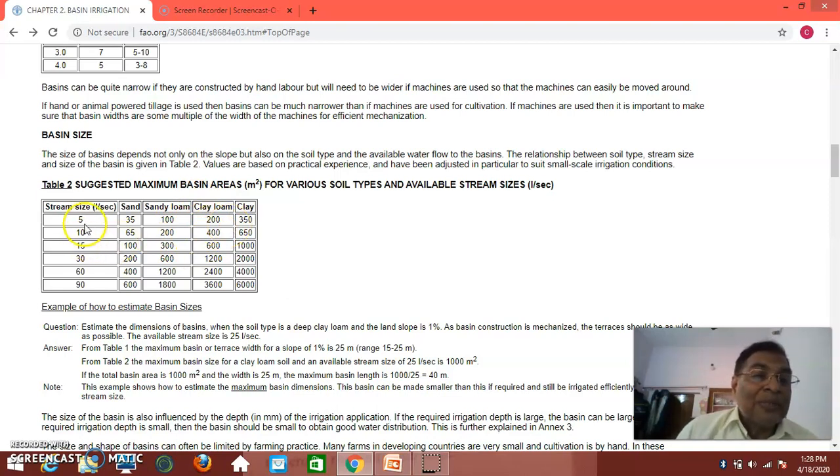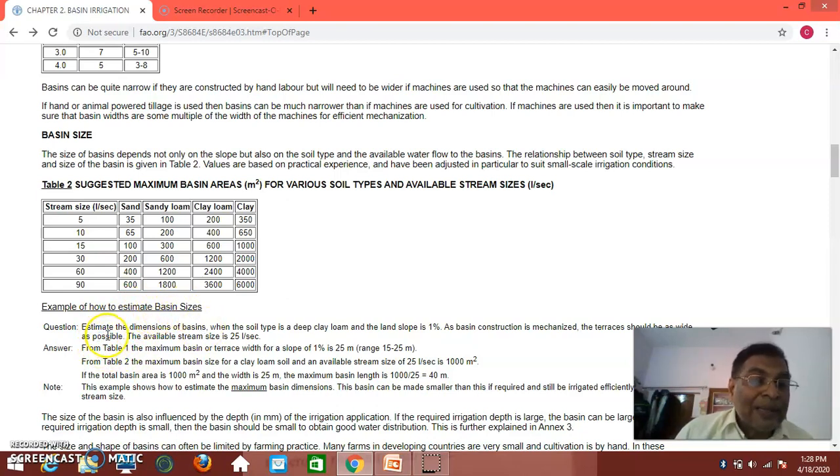For example, when the stream size is small and the soil is very sandy, the basin size is very small. If it is clay, the basin size is bigger. So that is how.